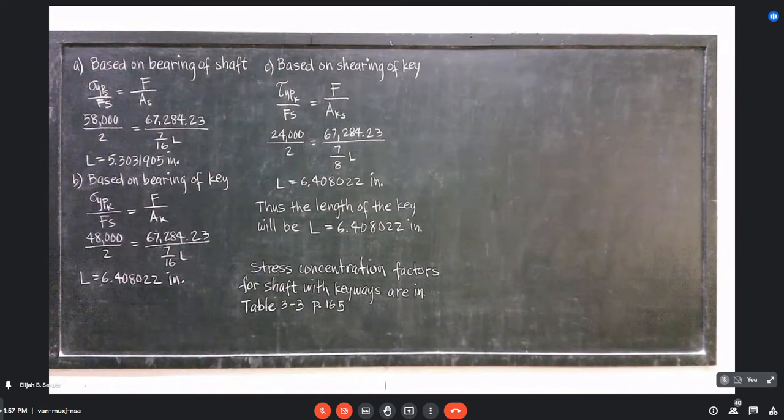In electrical terms, what's the purpose of the fuse? In case of short circuit, dili maputol imong alambre. Ang fuse mo maputol. That is also the same function for a key. In case of overload, the key should fail first because you will be replacing the key, and it is a very small portion, rather than replacing the shaft.